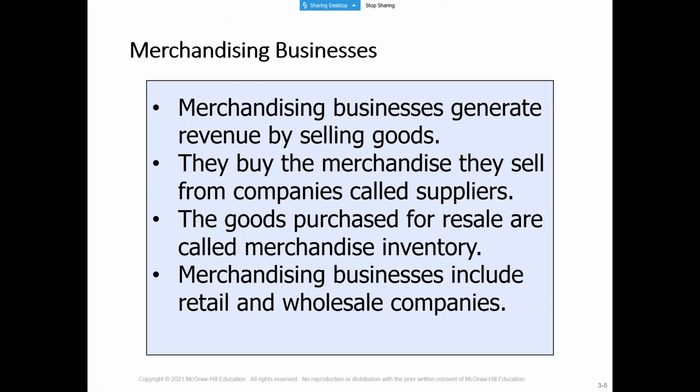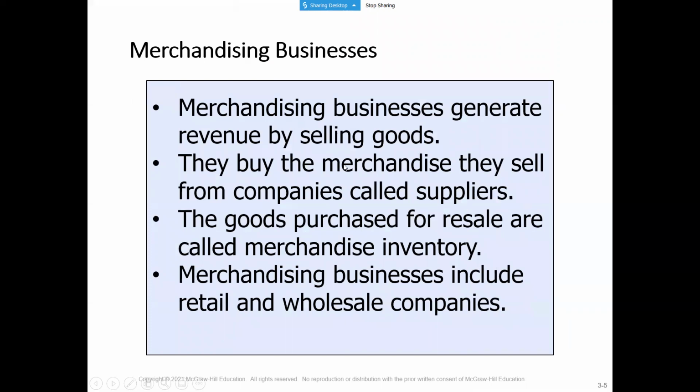Those are in the business of selling goods rather than providing services, as we saw in basically chapters 1 and 2. We have a couple of different terms that were involved in this chapter, and that was merchandise inventory and cost of goods sold.